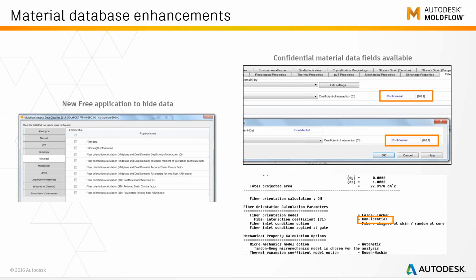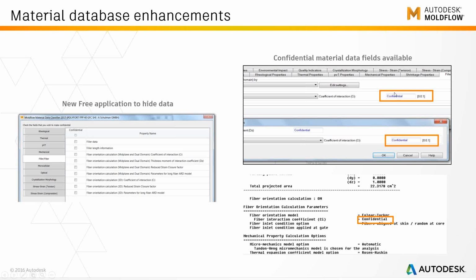We found that even though some material suppliers have a great amount of experience in tuning the fiber orientation parameters in specific cases, they also spend a lot of time doing that, and they see those particular tuned parameters as some of their intellectual property. So they requested us, while we move those over to the material data, to also provide a way to hide the explicit data points, if you will.